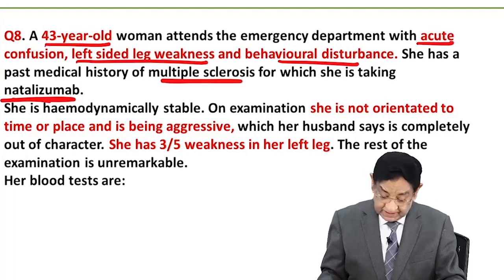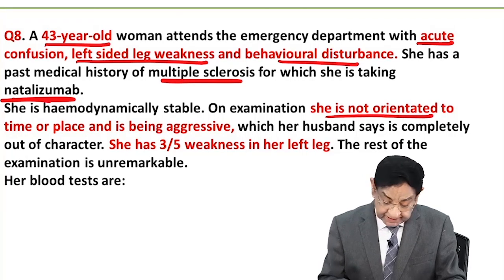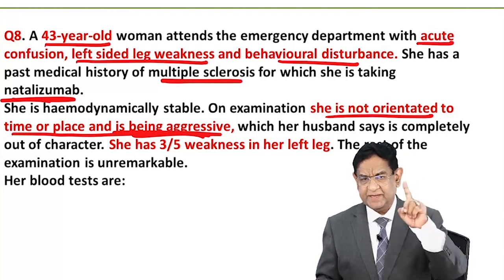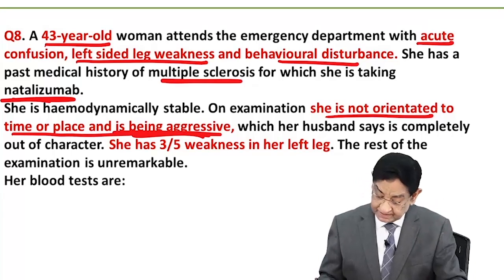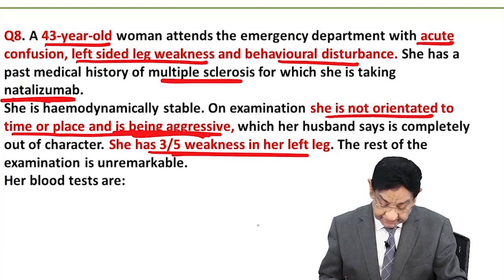Okay, let us see. But now she is not oriented to time and space and is very aggressive. This aggressive behavior is usually not seen in multiple sclerosis. Depression is seen. And weakness is there in the left leg.